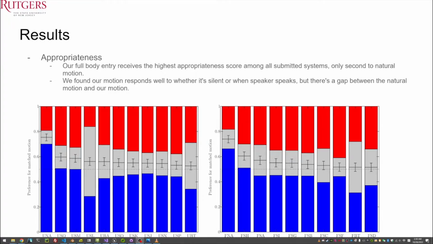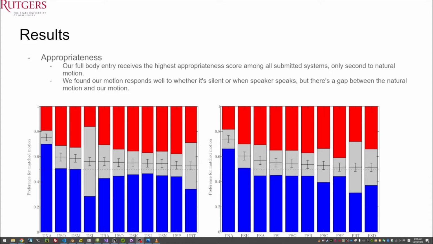We think the higher appropriateness score could possibly come from the design of the locality-constraint mechanism, as the decoder is forced to consider its neighboring 1-second window of features for gesture generation.